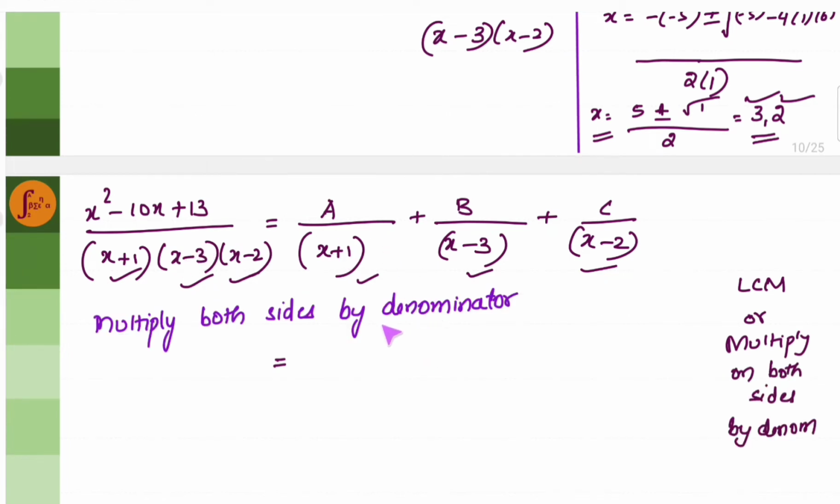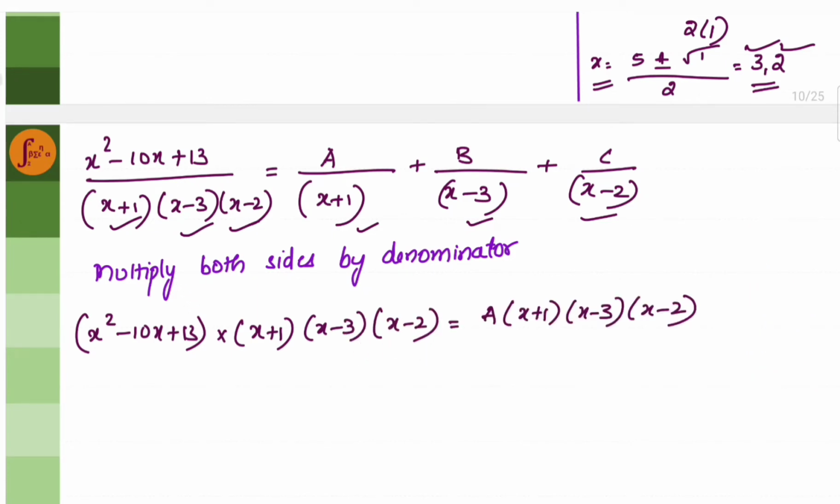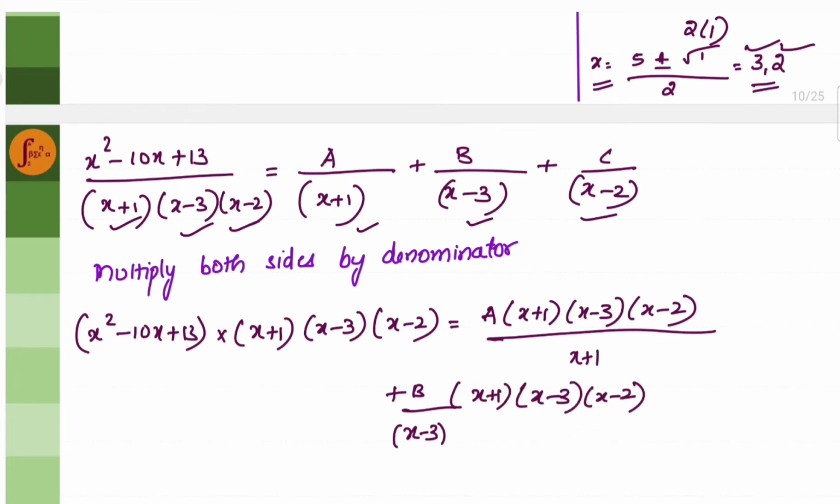If I multiply both the sides by the denominator, that is x square minus 10x plus 13 into x plus 1, x minus 3, x minus 2, I'll get this, then divided by x plus 1, plus b by x minus 3 into all the denominator terms, plus c into all denominator terms by x minus 2.